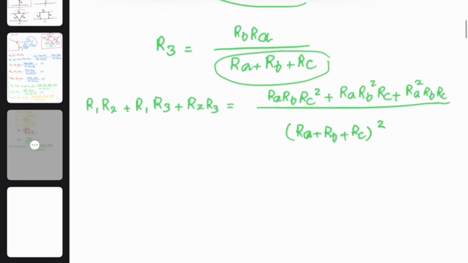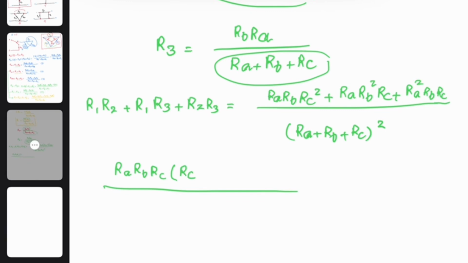Okay, and I can take the common factor of Ra Rb Rc. Because I have Ra Rb Rc, what is left in the first one?